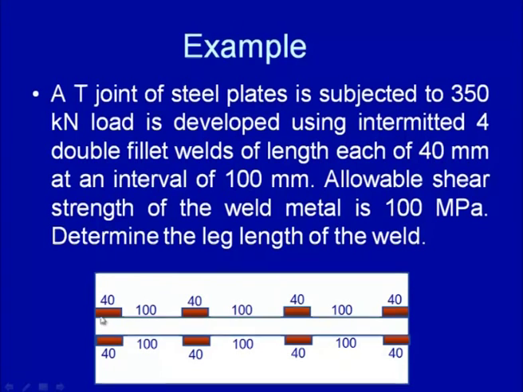The length of the weld is 40 mm, and 4 double fillet welds are to be made, each of 40 mm length, and there is a pitch between each weld of 100 mm. If the allowable shear strength of the weld metal is 100 MPa, then we have to determine the leg length of the weld.